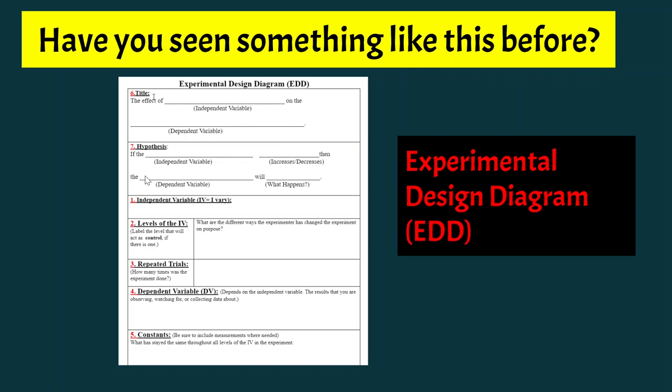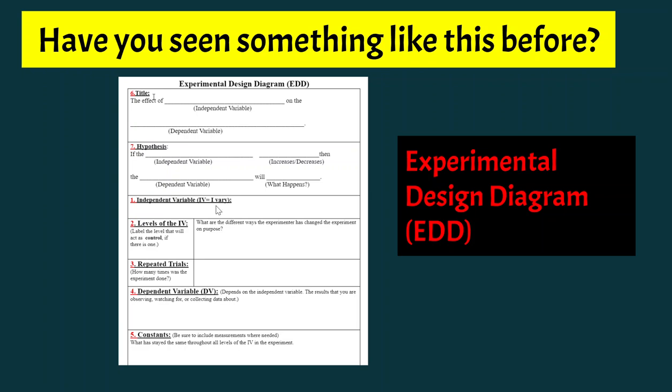We are trying to make some guesses about what's going to happen, and we're trying to be logical and make an educated guess. So the educated guess is going to be the hypothesis. The hypothesis usually is an if this happens, then that will happen type of statement. So I'm certain that you have at least talked about title and hypothesis.